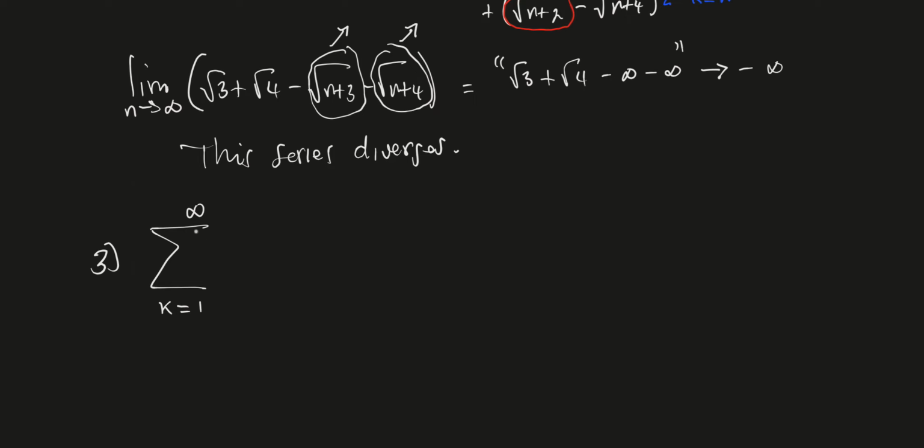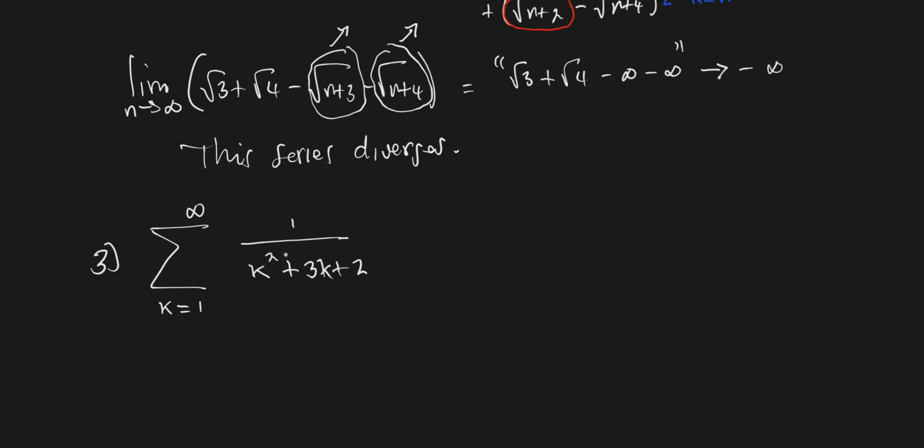Let's say the sum is k going from 1 to infinity of 1 over, let's say, k squared plus 3k plus 2. Now, the thing with this is that I don't see any negatives here that are going to force terms to cancel out.